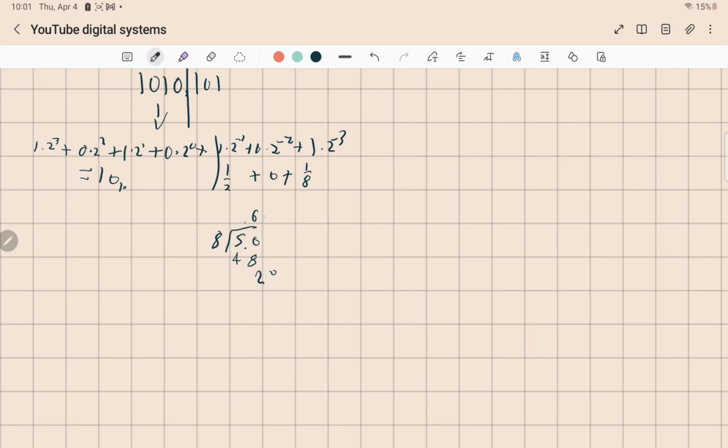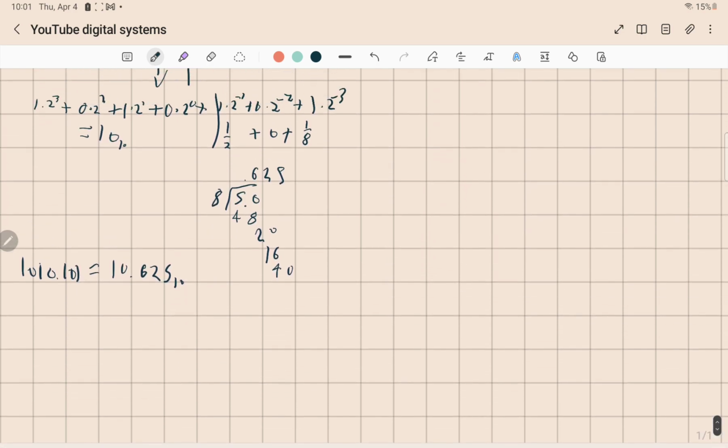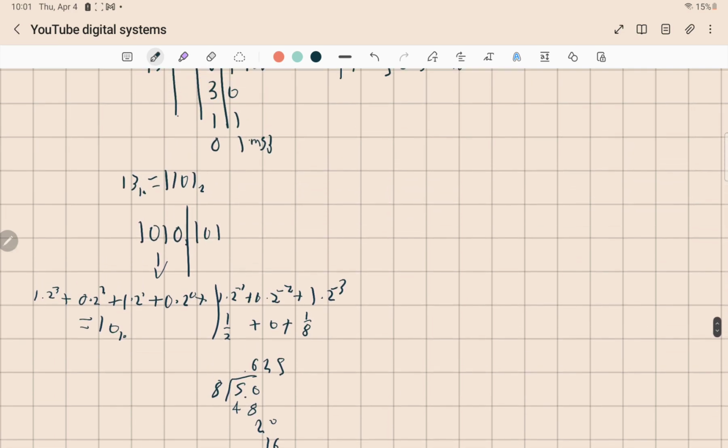So 2 and 5. So the answer is 10.625 base 10 equals 1010.101.